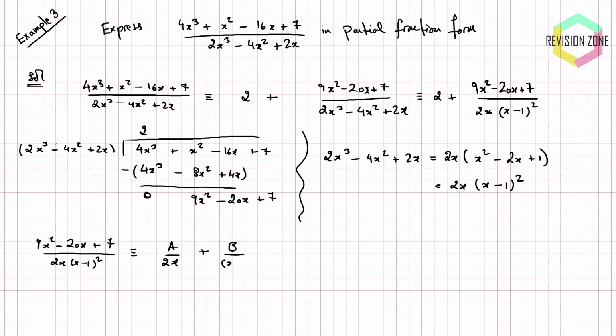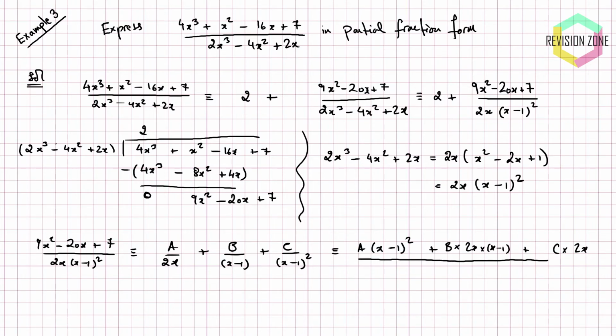So I'm going to have one of those factors, and then I'm going to have two of those factors, right, as follows. So as before, we get a common denominator, so we just say a times by x minus 1 all squared times by 2x times by x minus 1, and then finally c is just going to be times by 2x. And the denominator, of course, the whole point is we're going to get 2x, x minus 1 all squared.